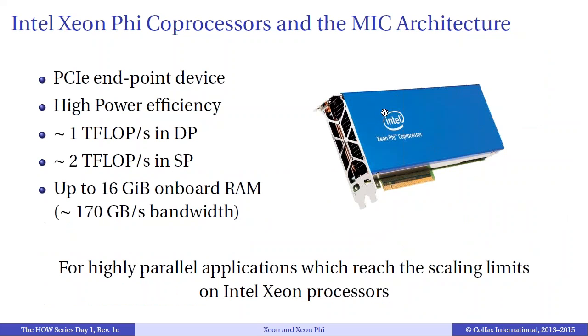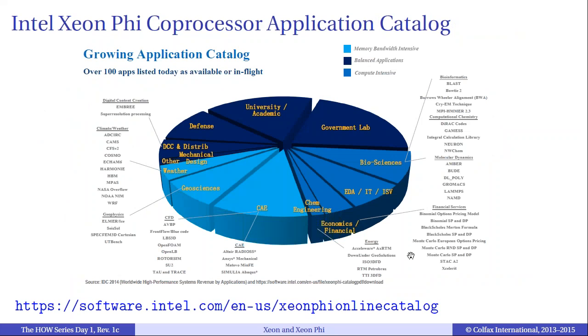It has onboard memory up to 16 gigabytes of RAM, which can deliver a practical bandwidth up to 170, 180 gigabytes per second. And this is a coprocessor which is specialized for highly parallel applications which also reach the scaling limits on Intel Xeon. Xeon Phi has been around since 2012, and a new generation is coming up soon, Generation 2. I will talk about it in a minute.